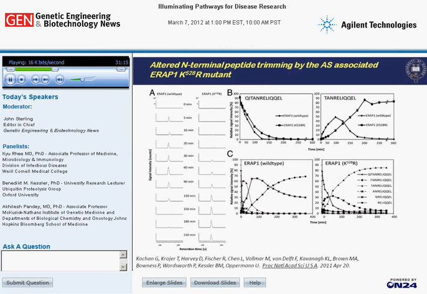And if you then compare the kinetics seen with the wild-type ERAP1 as compared to the ERAP1 K528R mutant, you can see that they degrade the original 13-mer peptide with equal kinetics, but then the further trimming of amino acids happens with different kinetics.